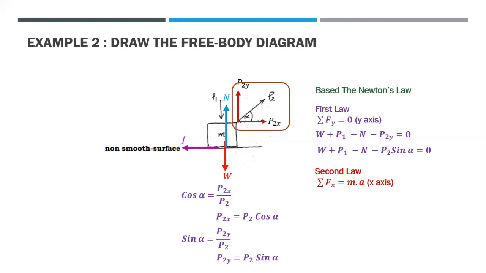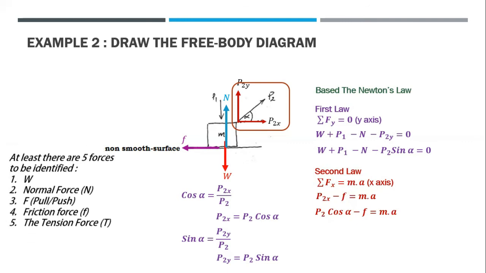For the x-axis, we'll find P2x and friction in the opposite direction, right? Because P2x is to the right side and f is the opposite one, we can write that P2x minus f equals m times a. Since P2x equals P2 cosine alpha, we can substitute P2x by P2 cosine alpha. We can state that P2 cosine alpha minus f equals m times a.